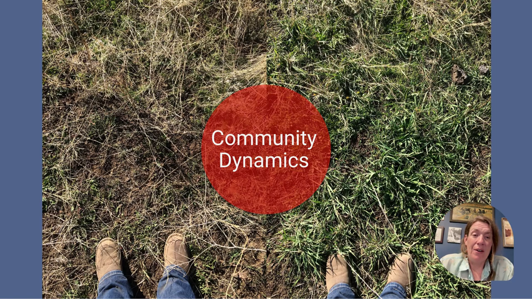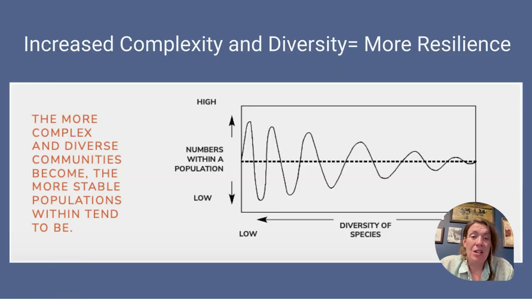The final ecosystem process that we talk about is community dynamics. This is a measure of biodiversity. Generally, we think of this in terms of increased complexity, and diversity is the same as more resilience in a system. The more diversity you have, the more stable populations within an ecosystem tend to be, because the entire system is not over reliant on any one population or type of plant or animal.